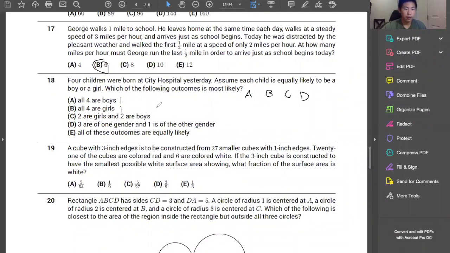Now, if 2 of them are girls and 2 of them are boys, we have a few more possibilities, which we can count pretty easily. So I'll just mark off which one of the 4 people are girls. So we could have A and B, A and C, A and D, B and C, B and D, or C and D. So we have 6 possibilities.